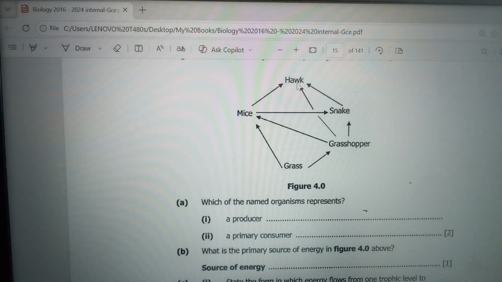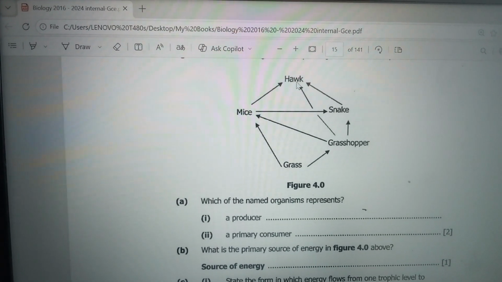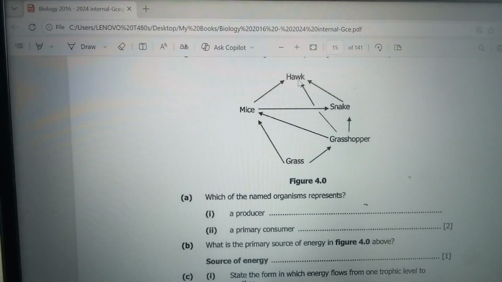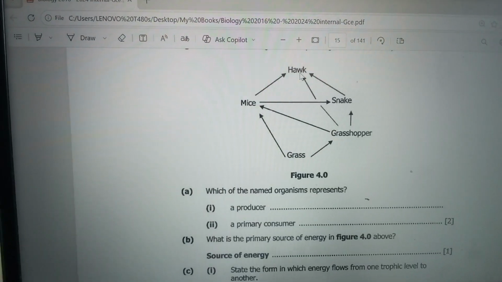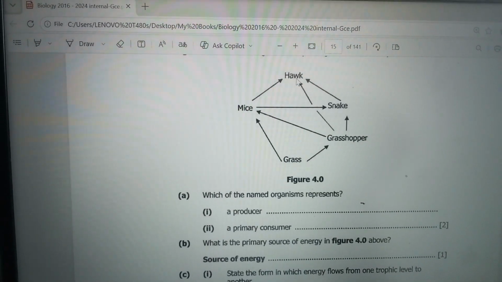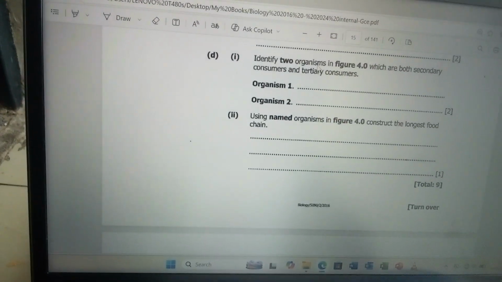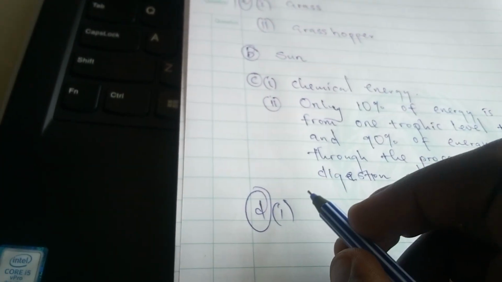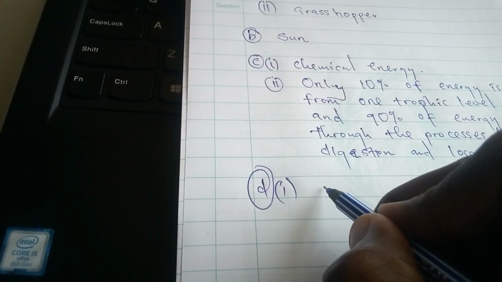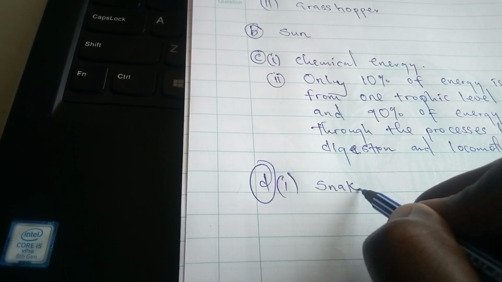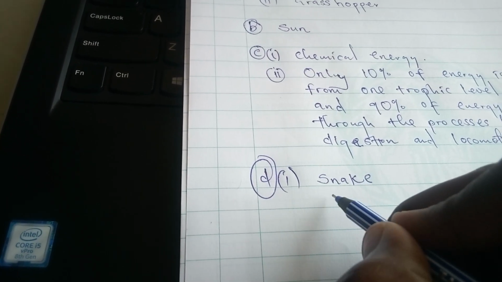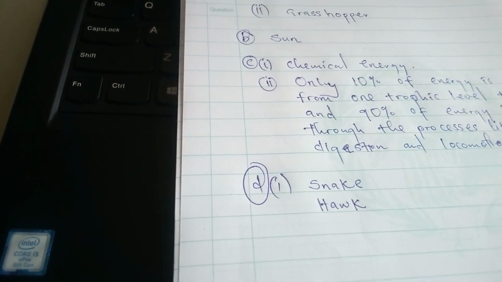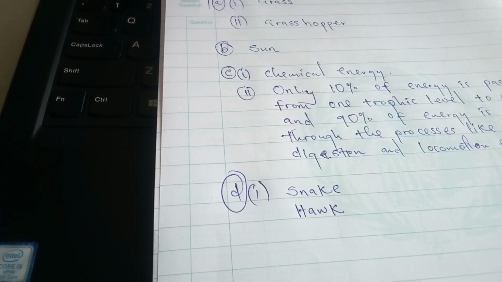So this organism also qualified. So the possible answer should be the snake and the hawk. So we write our answers. The first one, that is the snake. The second one, that is hawk. Those are the possible answers.